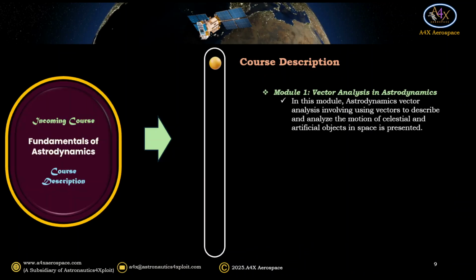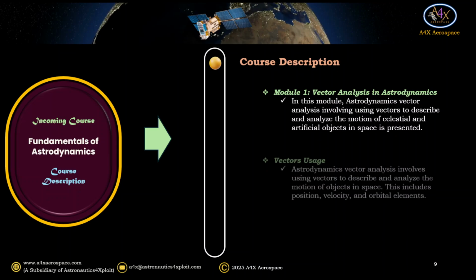Module 1, Vector Analysis in Astrodynamics. In this module, astrodynamics vector analysis, involving using vectors to describe and analyze the motion of celestial and artificial objects in space, is presented.